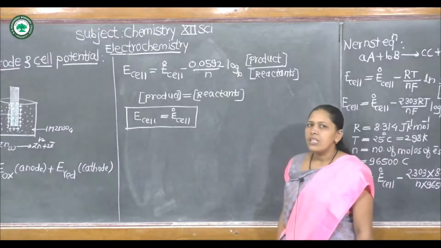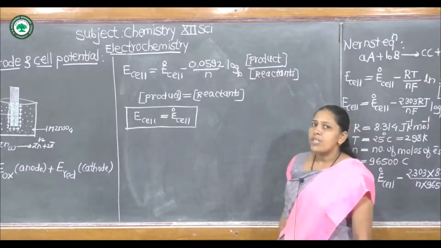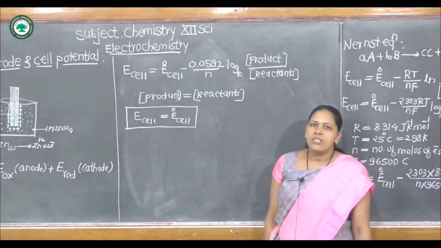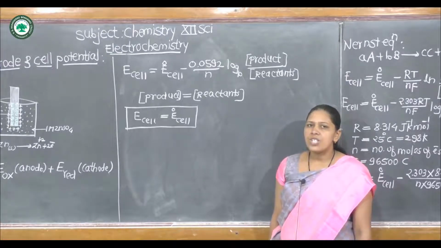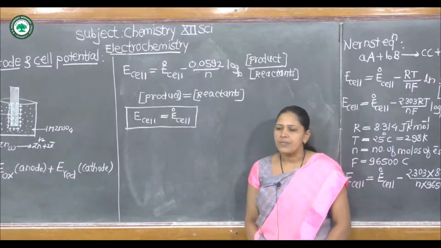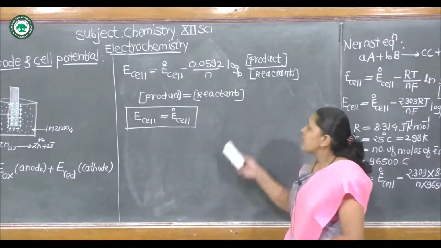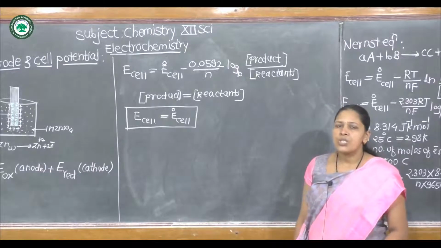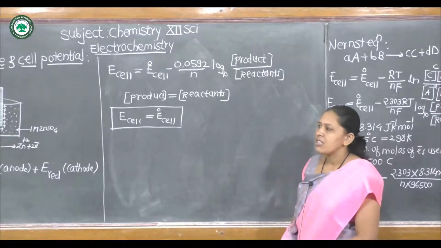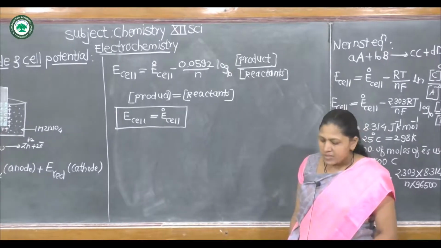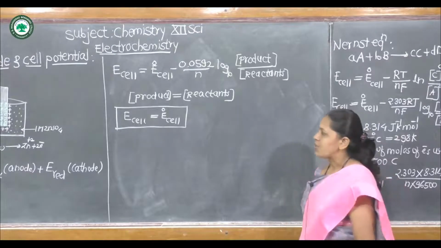If in the reaction one of the reactants or products is in pure solid or liquid state, then its concentration is taken as unity. Then this Nernst equation can be used to calculate cell potential. For example, how will you use this equation for calculating cell potential?